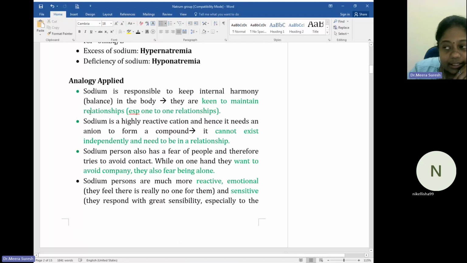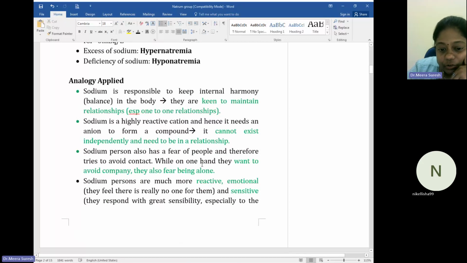Yesterday, when we were discussing potassium also, we saw that human relationship. Sodium is a highly reactive cation, and hence it needs an anion to form a compound, which means like potassium, it will also not remain alone. It cannot exist and needs to be in a relationship.